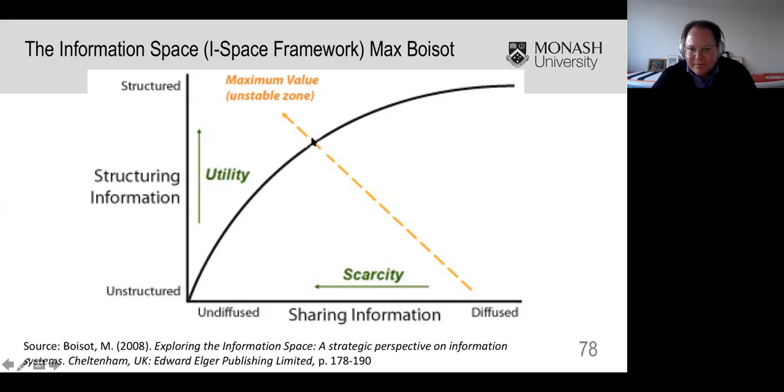Actually, it's the opposite of a tangent. But just logically, if it's totally structured, why is it not maximum value? Should not the maximum value be here?